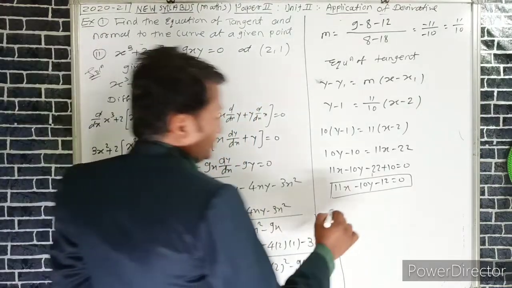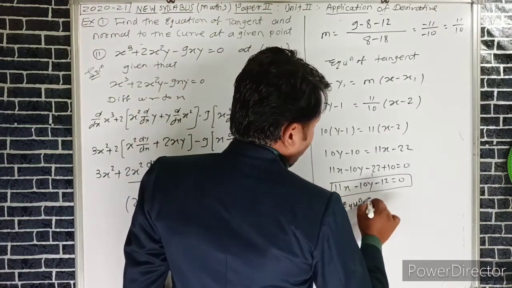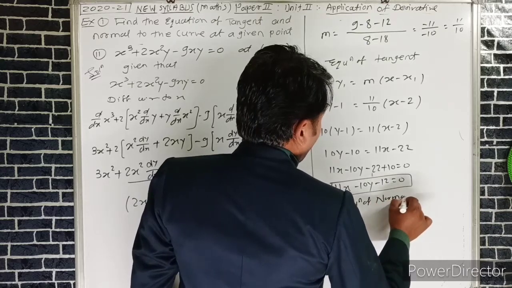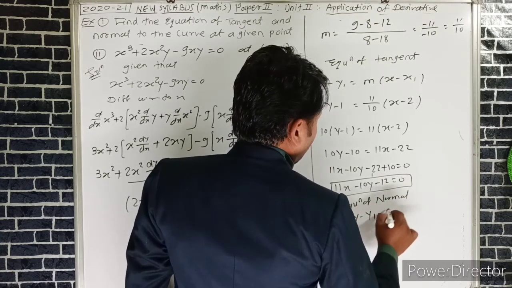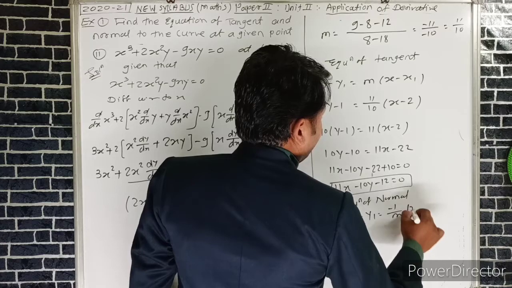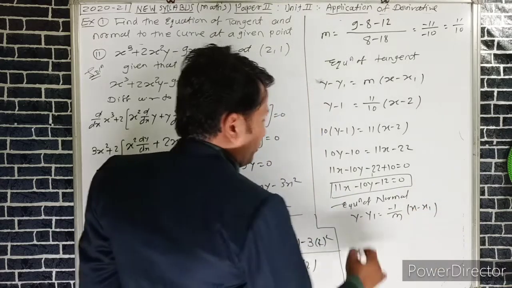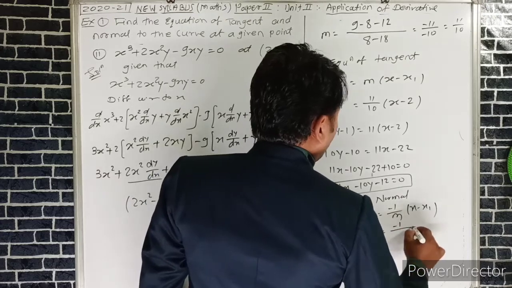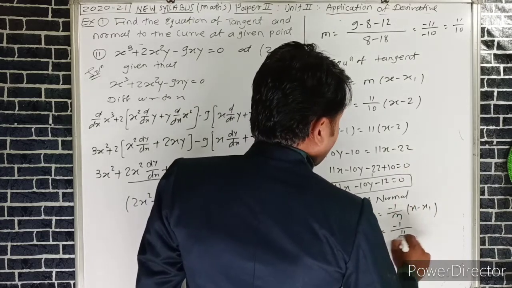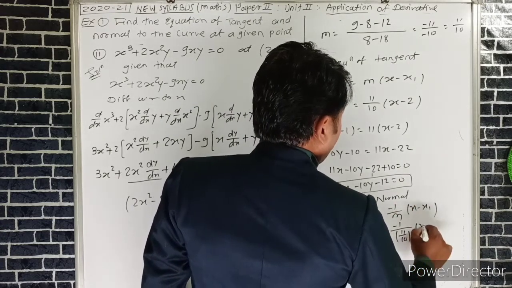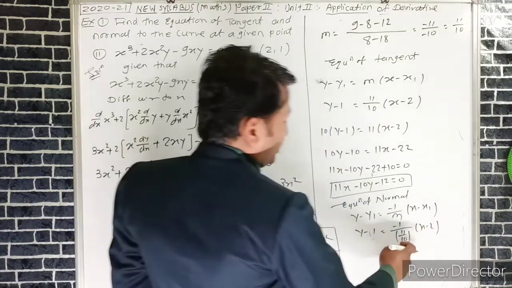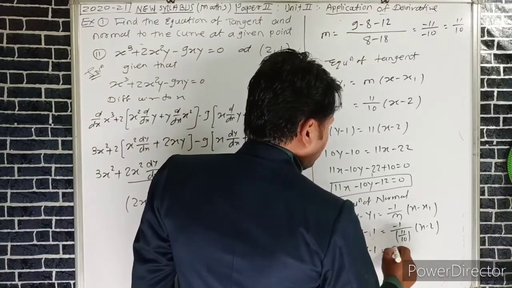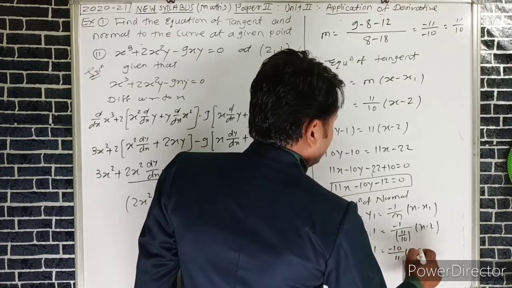Similarly, we can write the equation of normal, which is y minus y1 is equal to minus 1 upon m into (x minus x1). Here y minus 1 is equal to minus 1 upon 11 upon 10, into (x minus 2). So y minus 1 is equal to minus 10 upon 11 into (x minus 2).